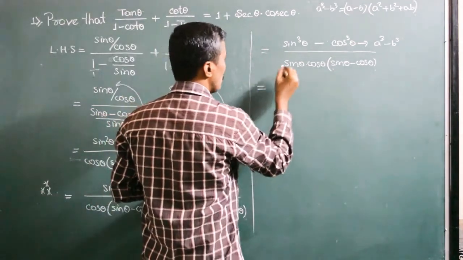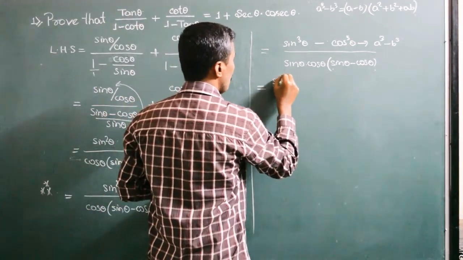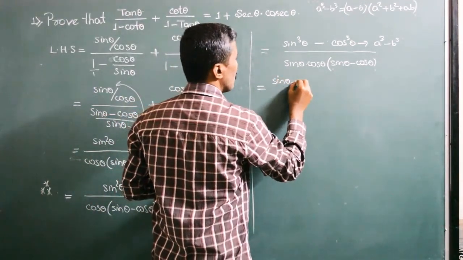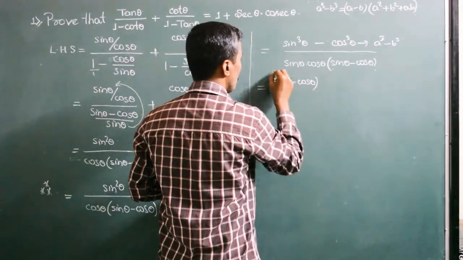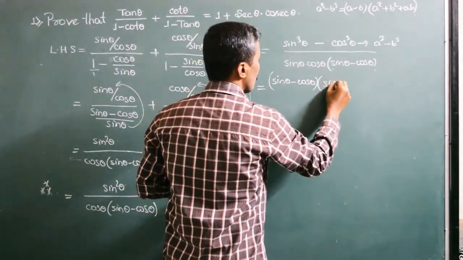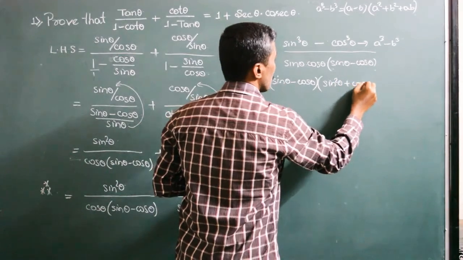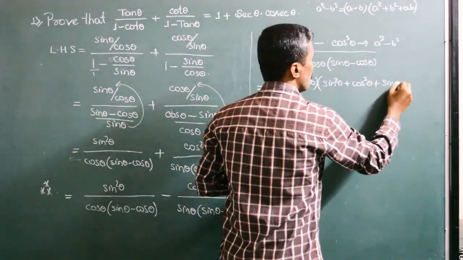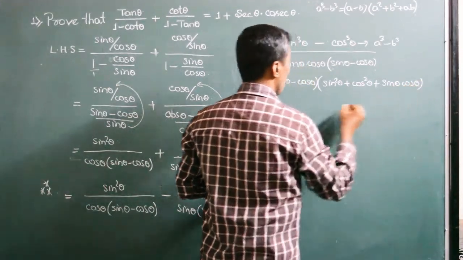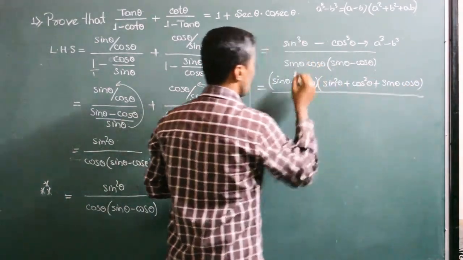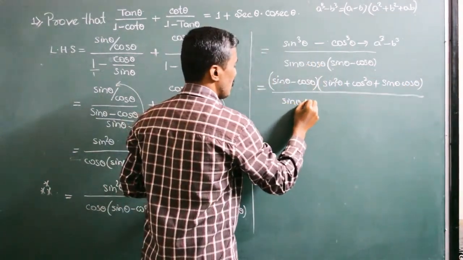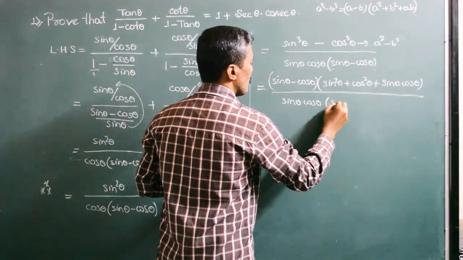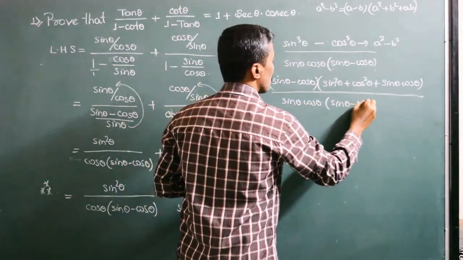According to that, it becomes sin theta minus cos theta into sin square theta plus cos square theta plus sin theta into cos theta, whole divided by the denominator sin theta into cos theta into sin theta minus cos theta.